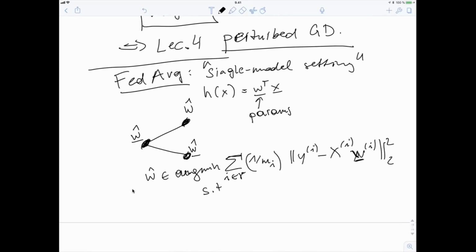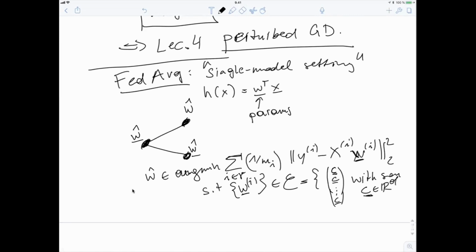So we want these Wi, these local parameter vectors, to belong to a certain subset, and this subset is given by all stacked parameters that contain identical local parameters. So with some block C, d-dimensional.